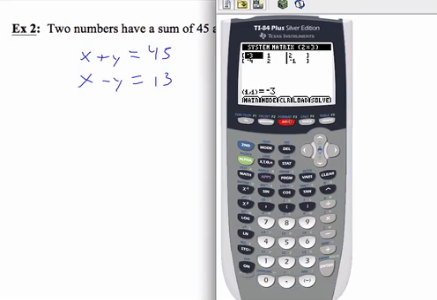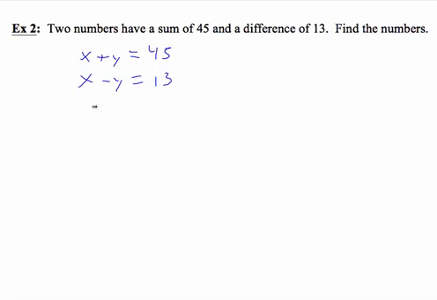We'll go to the system here. Now these coefficients are just 1. So we have 1, 1, 45. We have 1, that's a negative 1 right there, and 13. Press enter. Solve. 29 and 16 are the numbers.